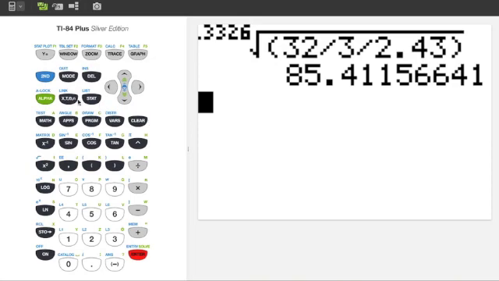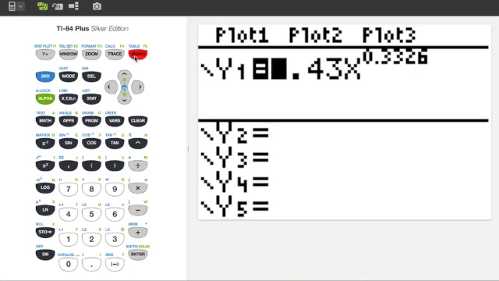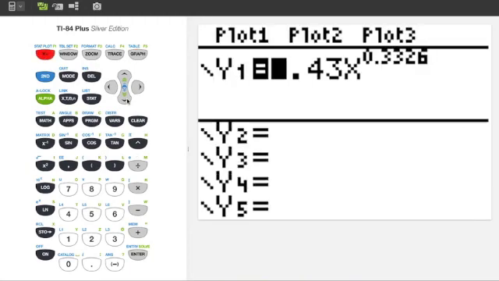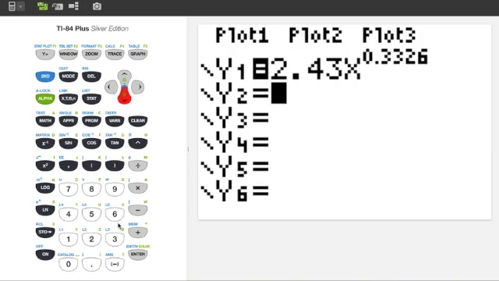And then we can also do it with a calculator graph. Let's go to our graph. And we want to find, I'm going to put y equals the wingspan. We want that wingspan to be 32 divided by 3.